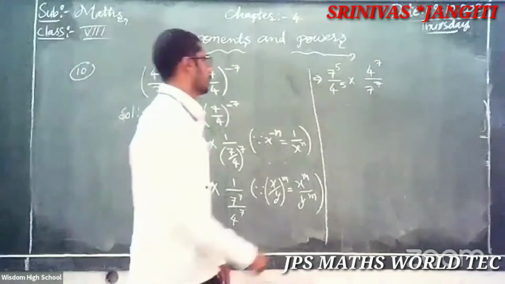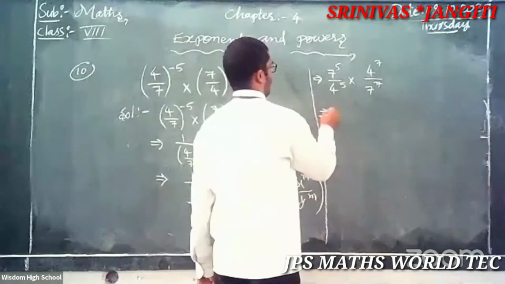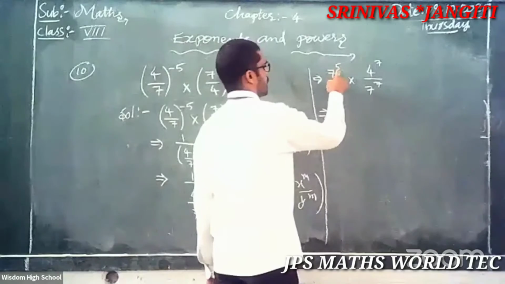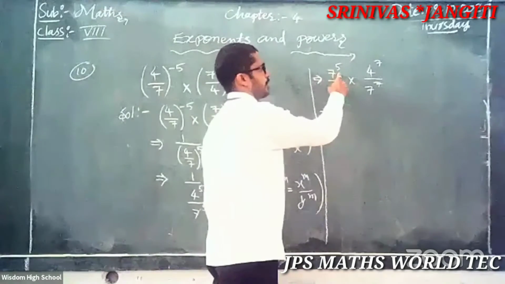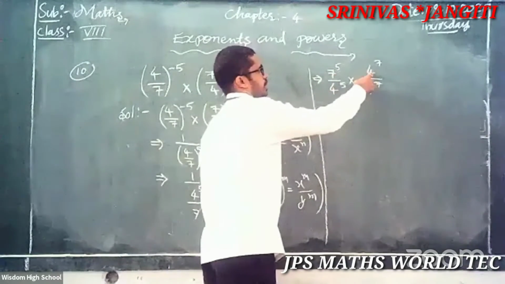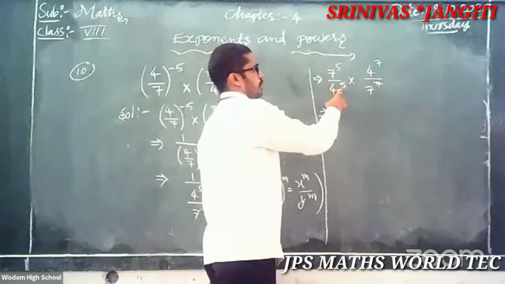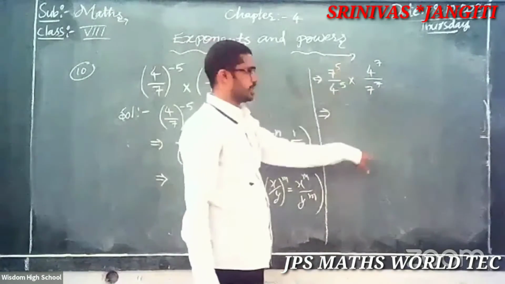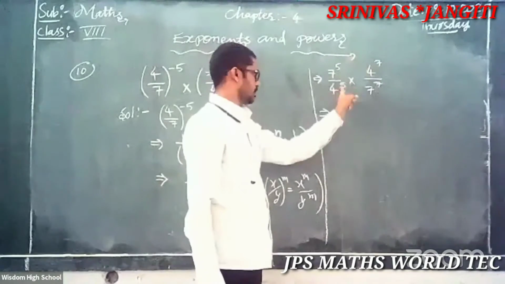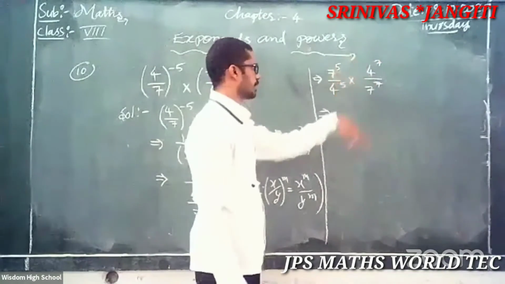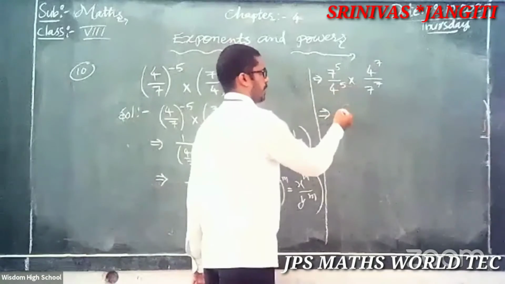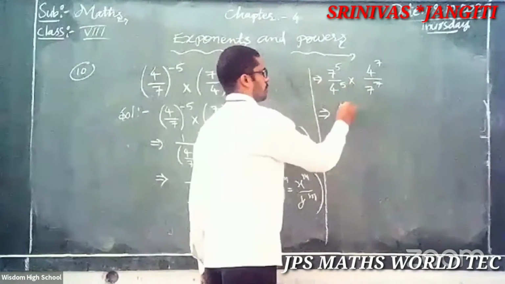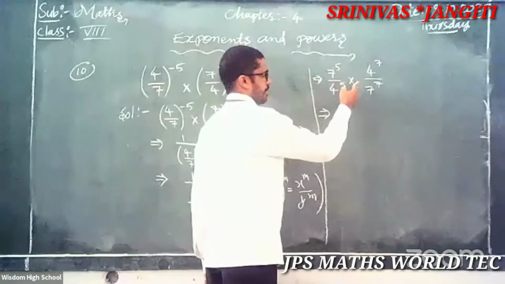Same manner. Now employing that, what is here? Upside, observe 7 to the power of 5. Here 4 to the power of 7. Here 4 to the power of 5. Here 7 to the power of 7. Here less, take this down. Here more, take this and go upside. What is happening in that time? Observe. So simple. What is here? 4 to the power of 7.